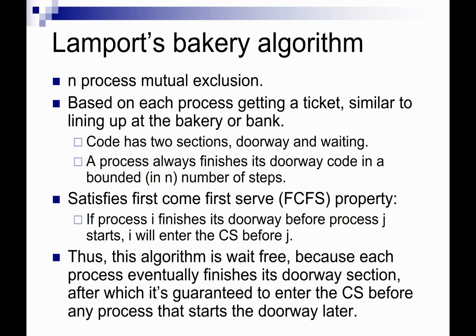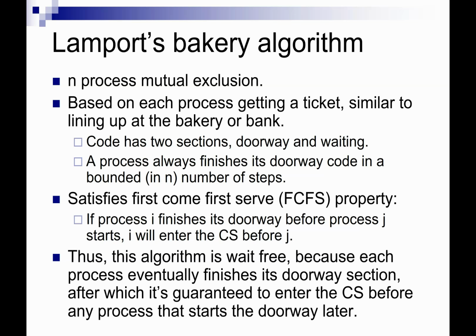Because of this first come first serve property, you can show this algorithm is actually a wait-free N process algorithm. We said that every process eventually finishes its doorway section, because there are no while loops in there. After I finish my doorway, the only threads which can go ahead of me in the critical section are the ones that are also in the doorway right now.